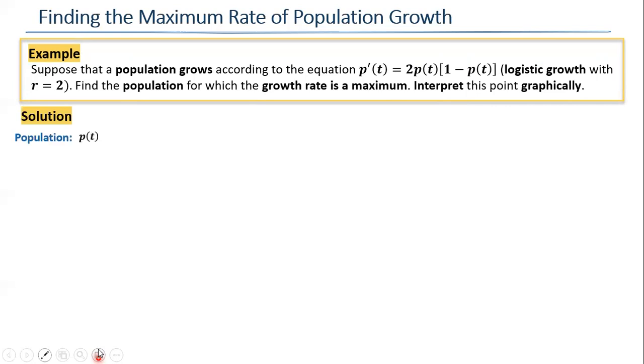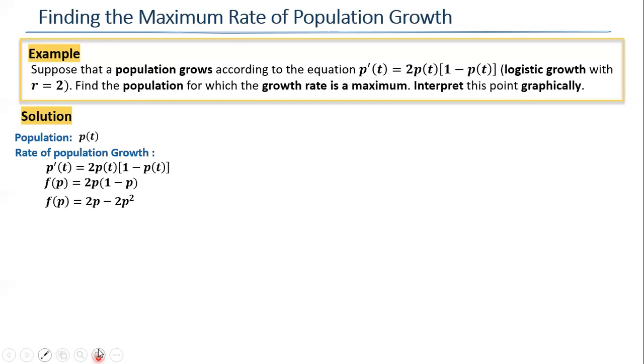Okay. Population P of T, the rate of population growth is given by P prime equals 2 P times 1 minus P of T. Let it be a function of P, f of P. So it's equal to 2P times 1 minus P. Now we can expand: 2P times 1 is 2P, 2P times P is minus 2P squared.